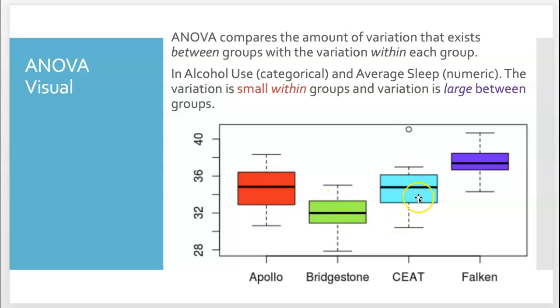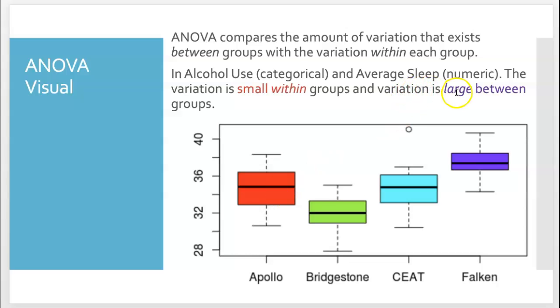So within groups, if we just look at the boxes here, 32 to 36, 31 to 33, and down to 32 to 36-ish again, and then here this is like 36. So the variation within each group is not very large.